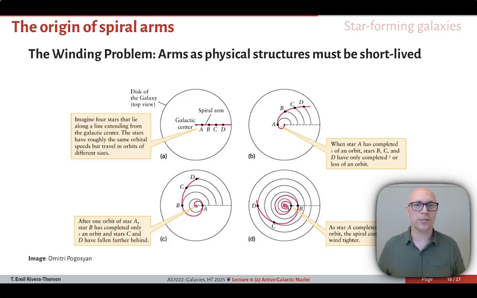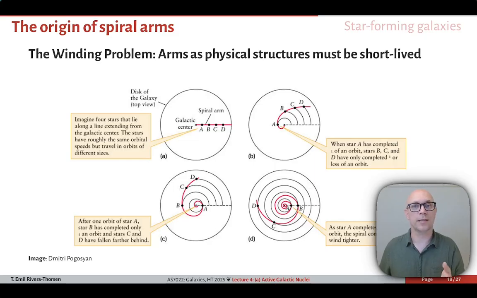This is what we call the winding problem. Imagine that you start out with 4 stars that are lined up from the center and out, and then they start following the general rotation of the galaxy. Due to Kepler's laws and so on, the rotation is much faster in the center than further out.